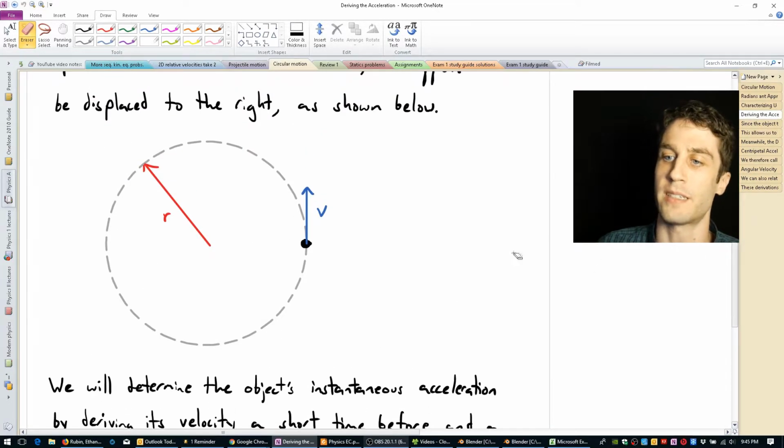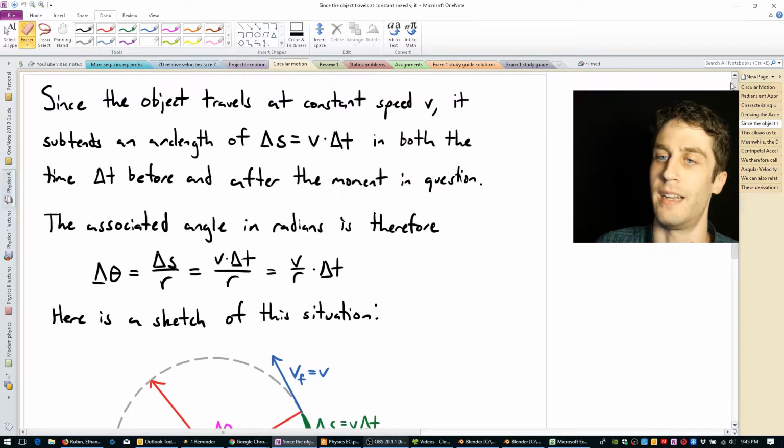So basically what we'll see on the next page is that a time interval of delta t before, the object was somewhere down here and traveling up and to the right. A time interval of delta t later, the object is up here and traveling up and to the left. So we'll analyze that motion.